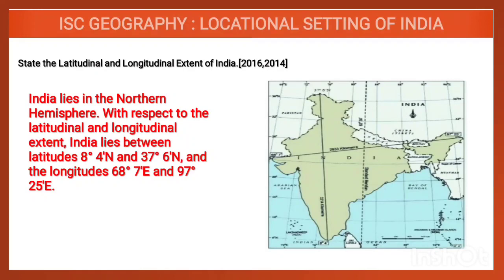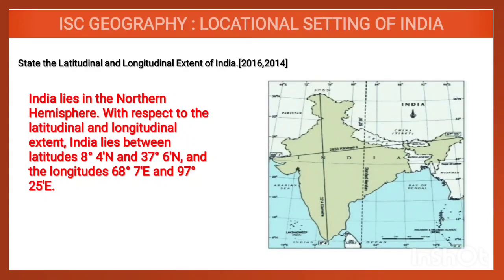Next question, state the latitudinal and longitudinal extension of our India. This question came twice, in 2014 and 2016. India lies in the northern hemisphere, and with respect to the latitude and longitude, you have to memorize them. 8 degree 4 minute north, which is Kanyakumari.